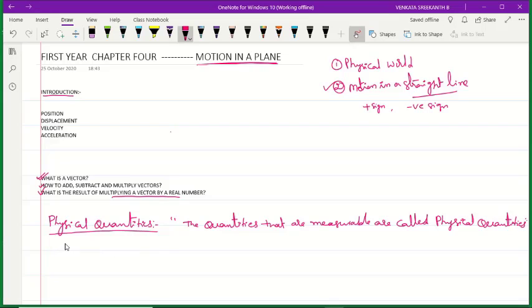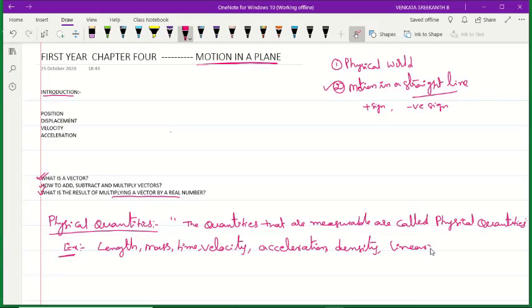Best examples are length, mass, time, velocity, acceleration, density, linear momentum, force, etc. All these things are physical quantities.